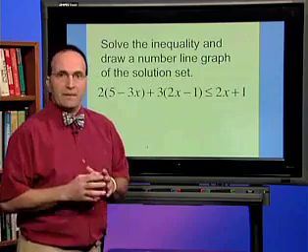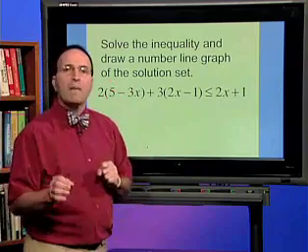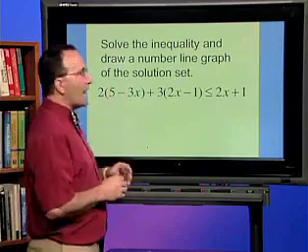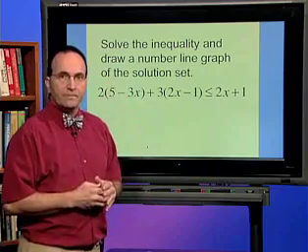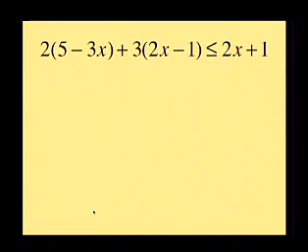Let's take an example and solve the inequality and draw a number line graph of the solution set. Now remember this, that what we have are all the various properties that we can use to solve this. So here what we're going to have to do is distribute the 2.